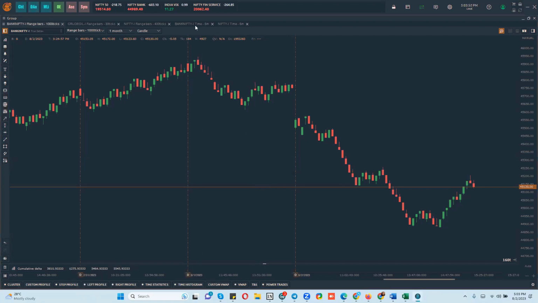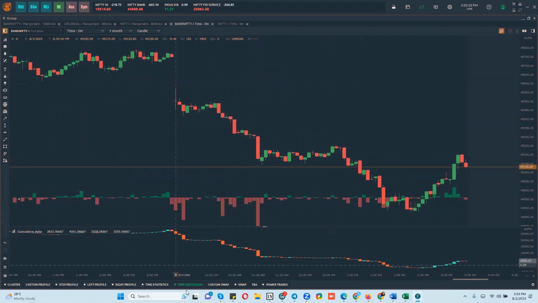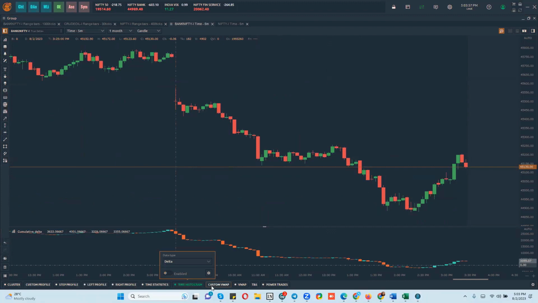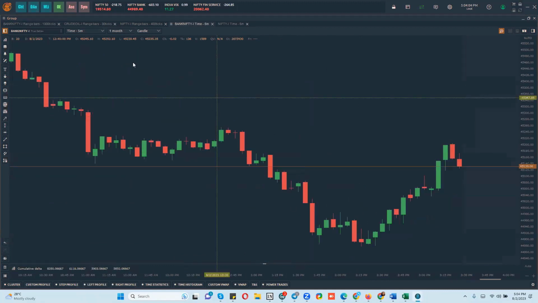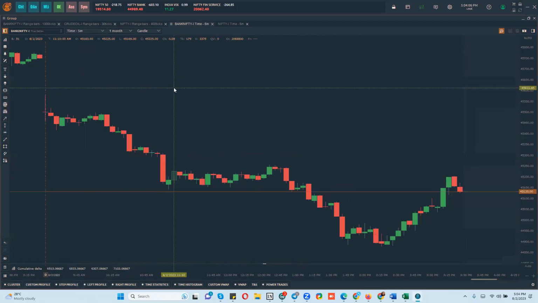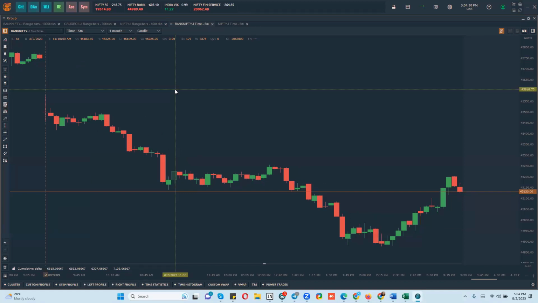So this is your regular candlestick chart. If it is a 5-minute chart, a candle will form for every 5 minutes. So you can understand that there are a fixed number of candles in a day.